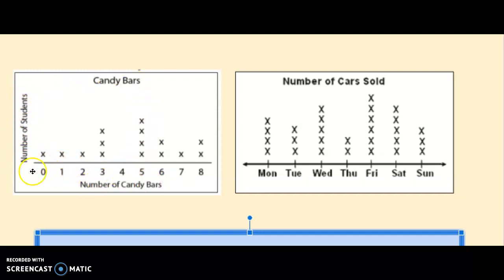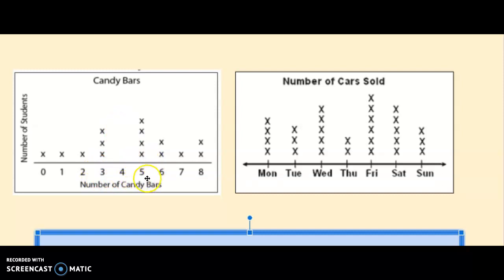So in this line plot, I can see that there is one student who doesn't have any candy bars. One student has one candy bar. One student has two. Three students have 3 candy bars each. Nobody has 4.